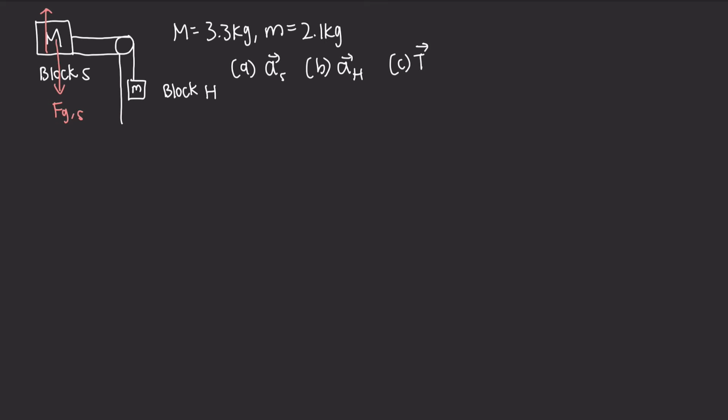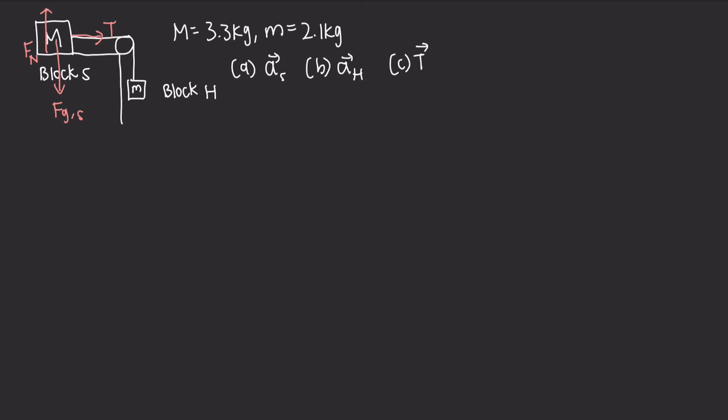And this normal force is equal in magnitude but opposite in direction to the force of gravity because block S is not accelerating in the y direction. And then the cord here pulls and applies a tension force to the right. So we're going to add a tension force to the right. So those are the three forces acting on block S.